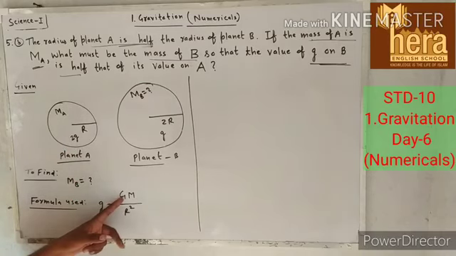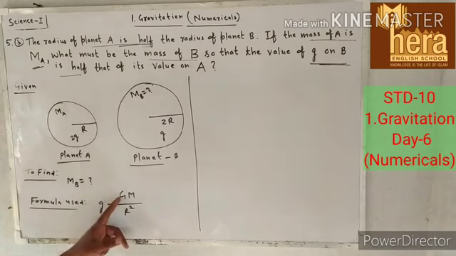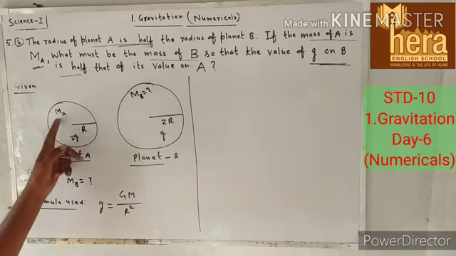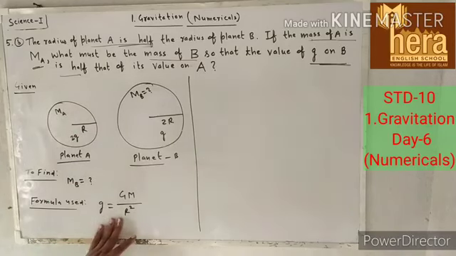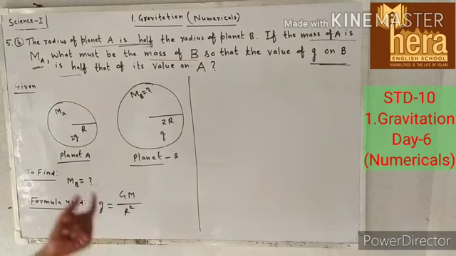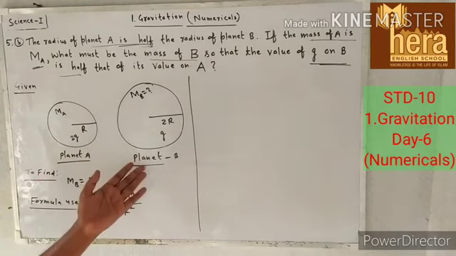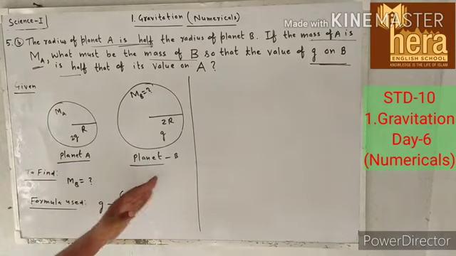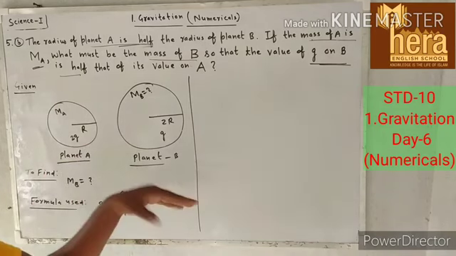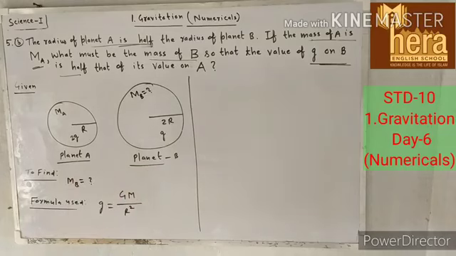This capital G is the universal gravitational constant, and M is the mass of the planet. So this formula you have to use for planet A and for planet B. Equation number 1 for planet A, equation number 2 for planet B, and you have to divide. Equation 2 by 1 or 1 by 2, the answer will be the same.